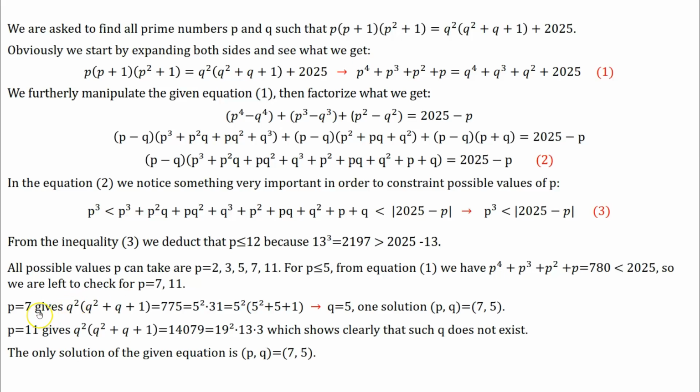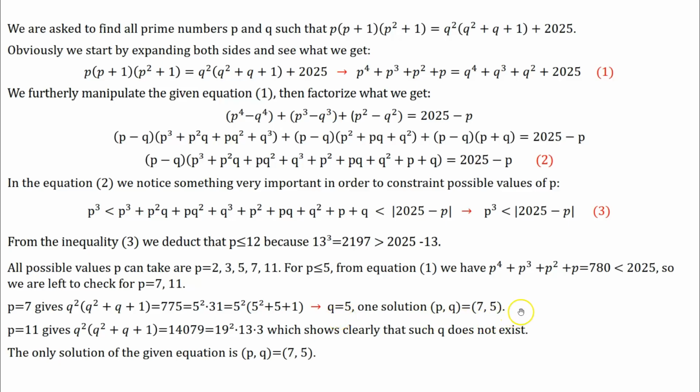For p equal to 7, we make the substitution in the initial equation, and we get that q squared times (q squared plus q plus 1) is equal to 775, which is the difference between the left-hand side value and 2025. But 775 can be expressed as 5 squared times 31, and 31 itself can be expressed as 5 squared plus 5 plus 1. From a direct comparison of factors on the left-hand side and right-hand side, we see that q is equal to 5.